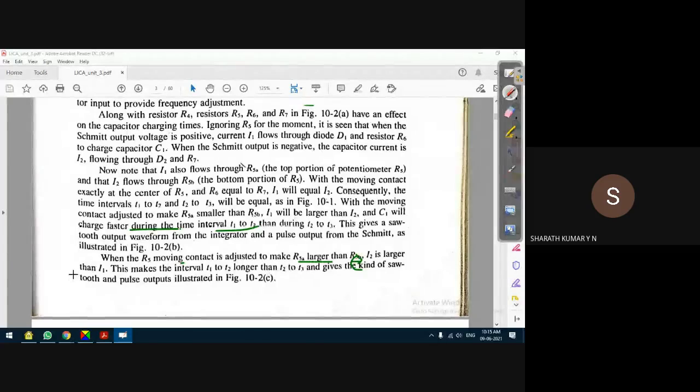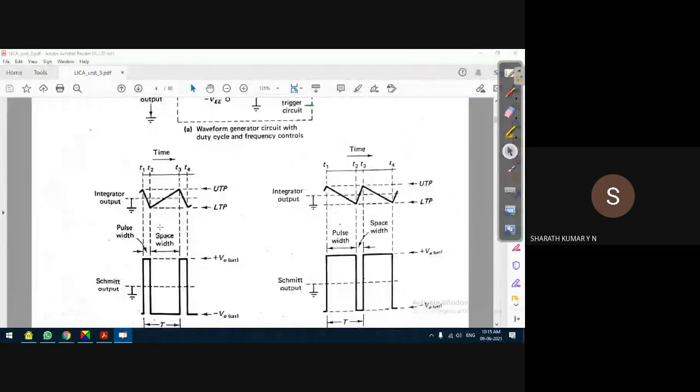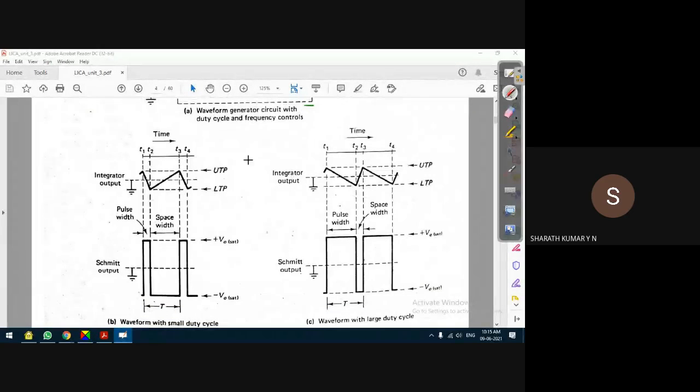If I1 is larger, this makes the interval larger than T1, T2, giving a sawtooth kind of waveform. So it will no more be a triangular waveform. Earlier we had a triangular waveform; now we have a sawtooth waveform.